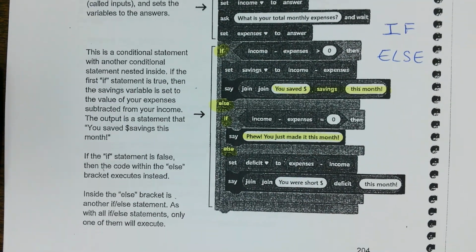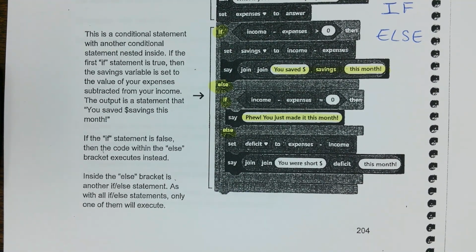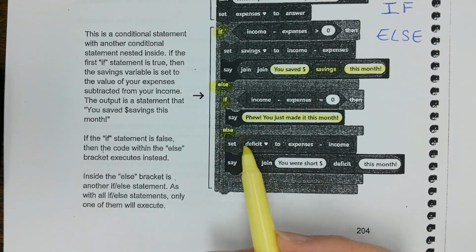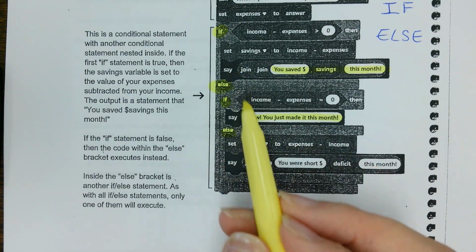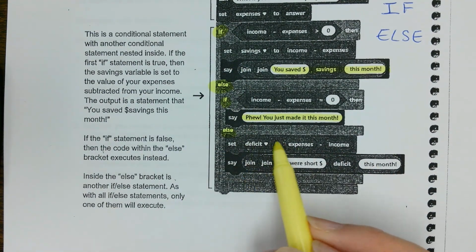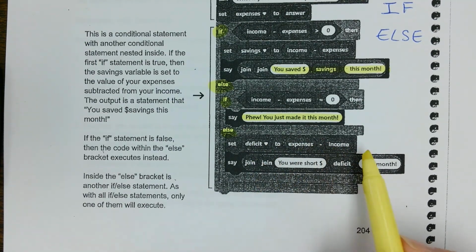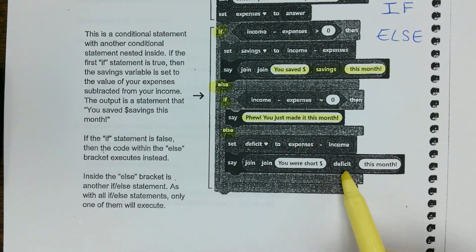So next month, think better before you buy that luxury brand name clothes. Okay, and then so if it's not you made money, if it's not break even, then what does that mean? It means you're in deficit. Okay, so that's why deficit, expense minus income, and you set that to right there, and then it will say to you, you were short this much this month.